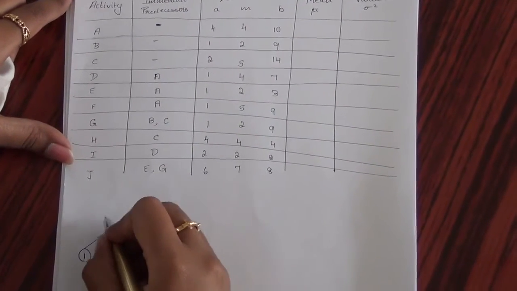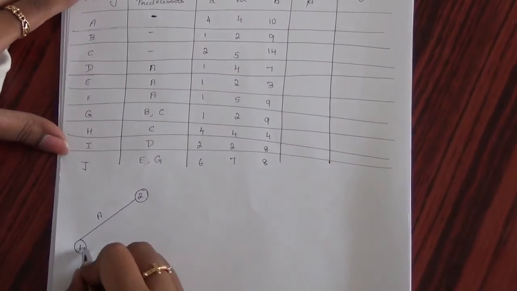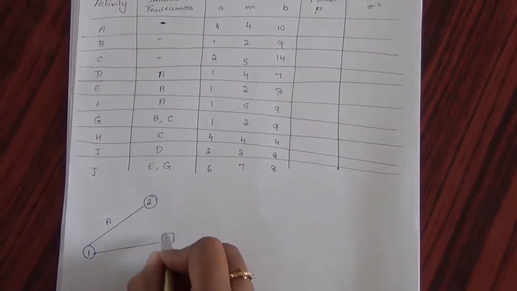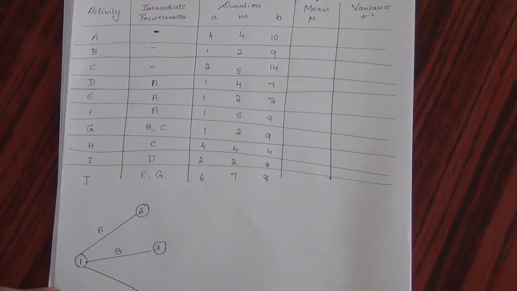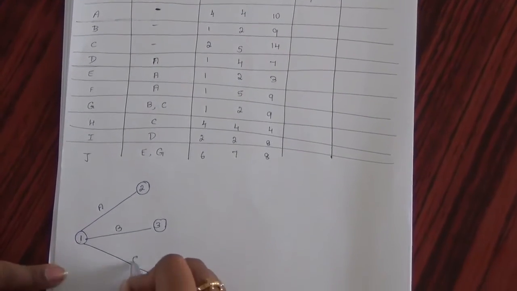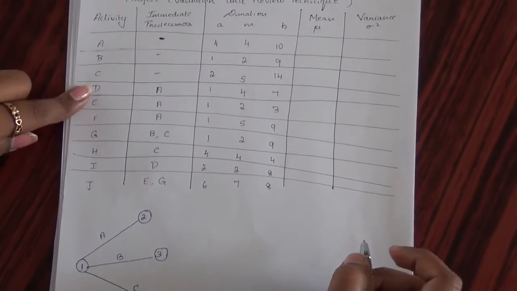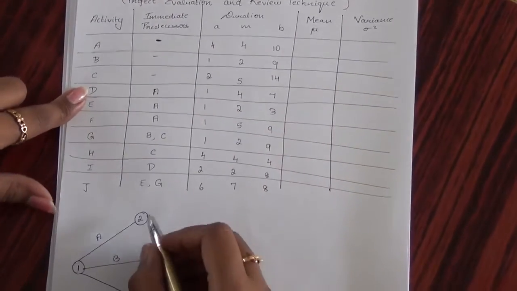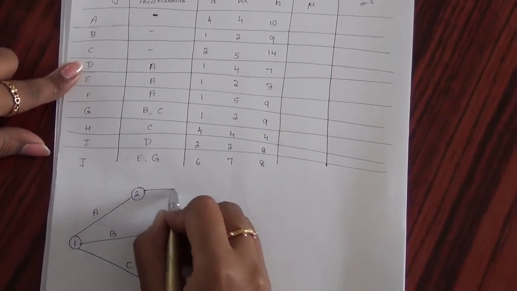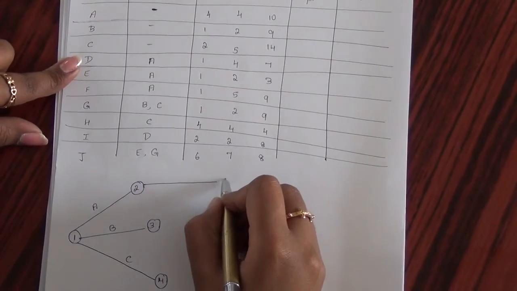So number 2 will be activity A. 3 will be activity B. 4 will be activity C. For activity D, its immediate predecessor is A. So with A as an immediate predecessor, I am drawing activity D.